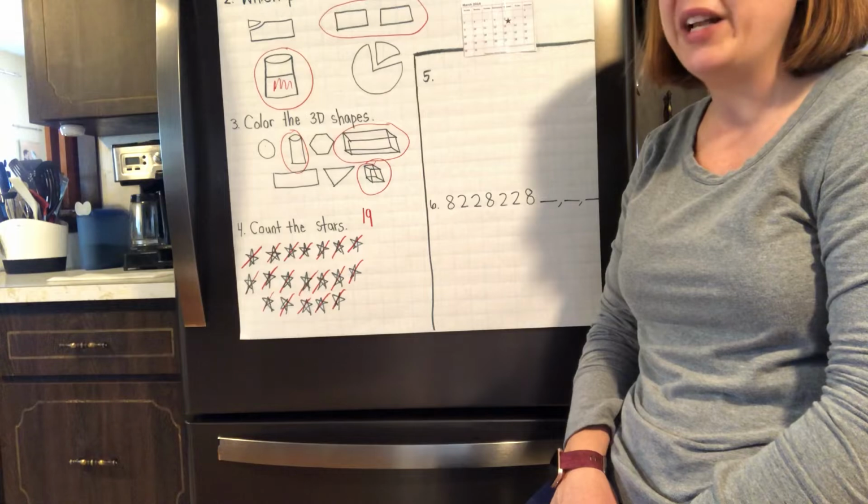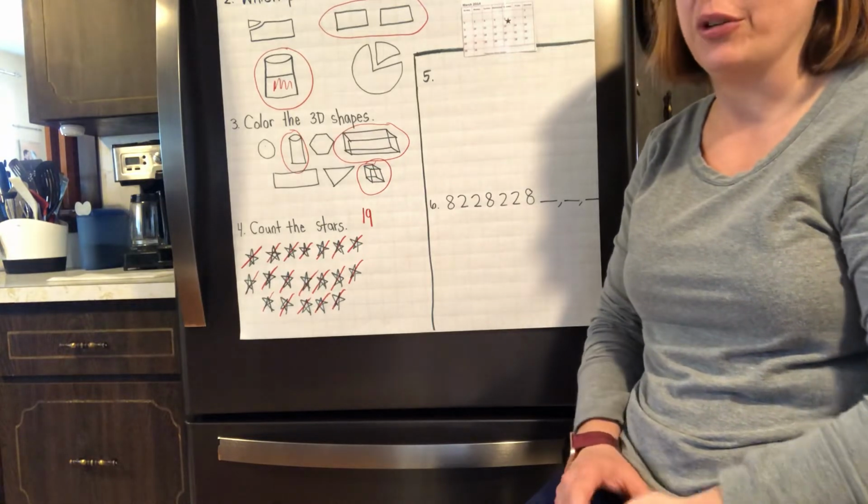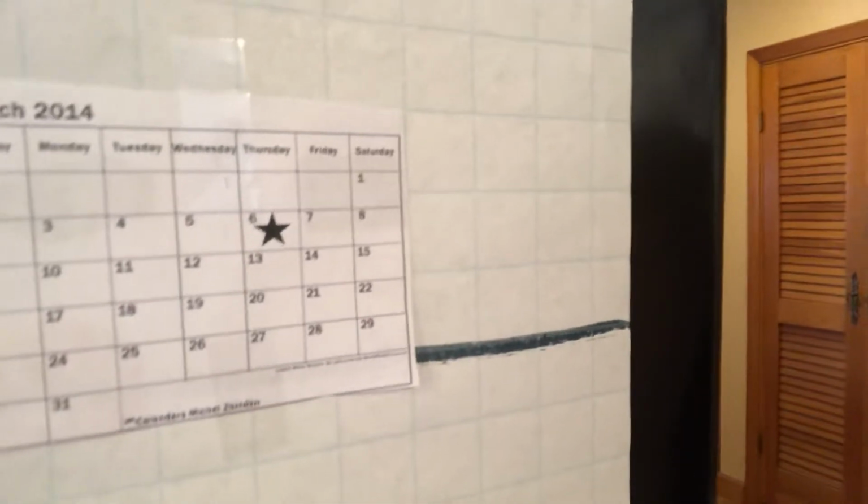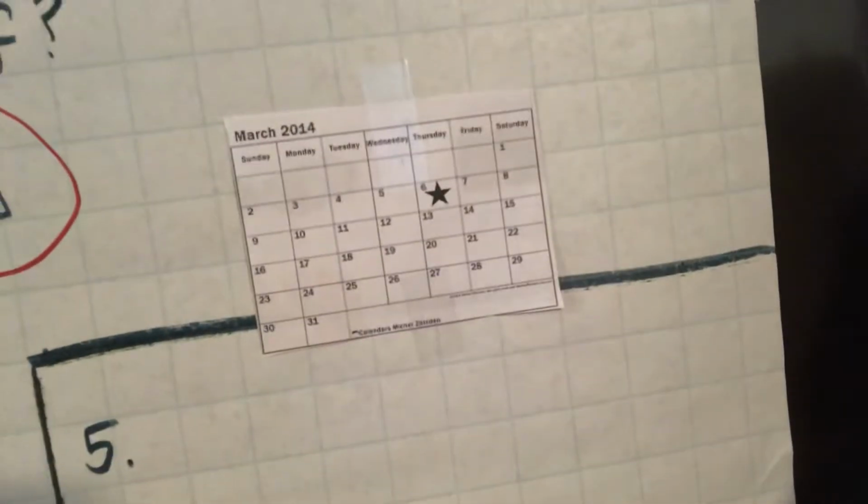Problem 5 says, what date does the star show? So I'm going to take my phone and show you carefully on the calendar so you can see the calendar. What date does the star show?